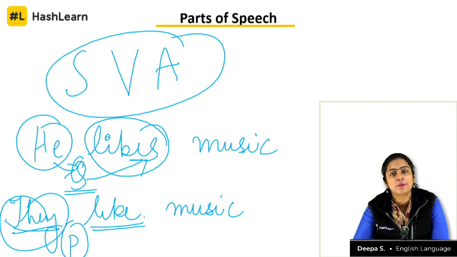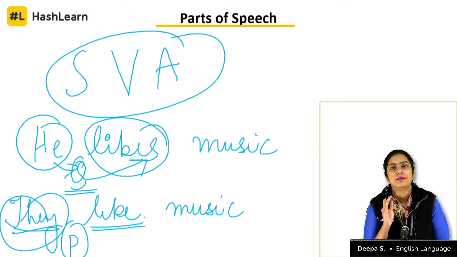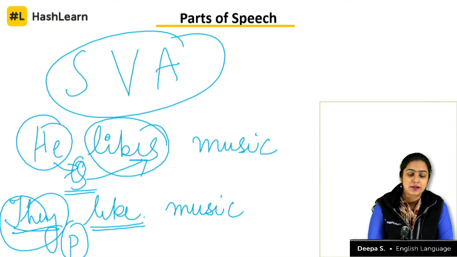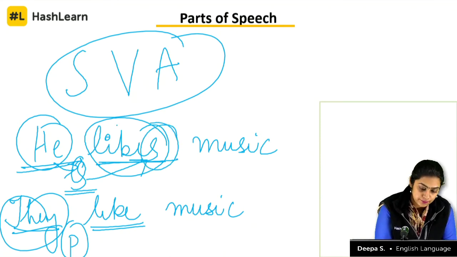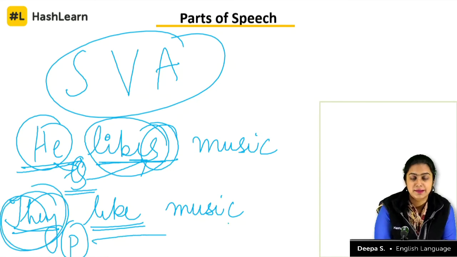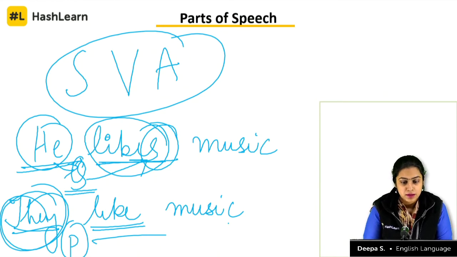So the most basic grammar rule that we are studying today is the subject-verb agreement rule. If you have a singular noun for a subject, your verb is also singular. A plural subject takes a plural verb form. So this is your basic rule.